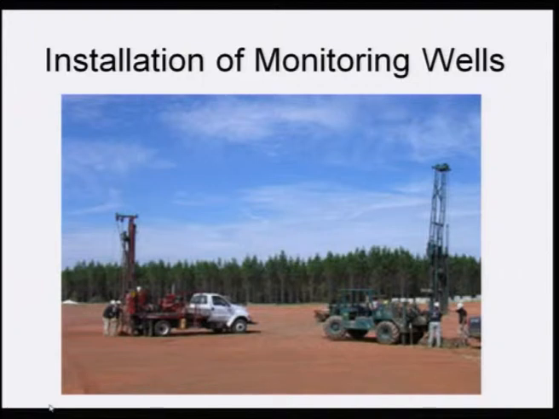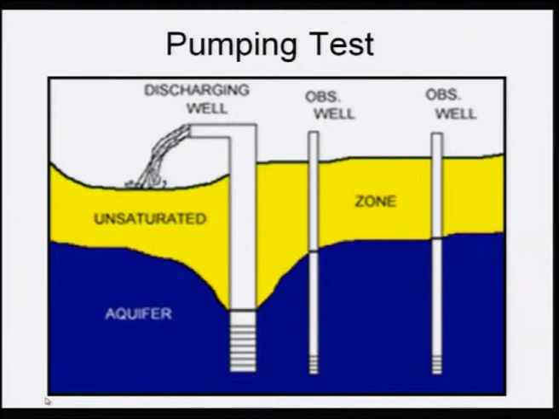If you look here, this is a broad picture of how these wells have been installed. This is your aquifer, where one well is your discharge well, and the other two wells are observation wells.